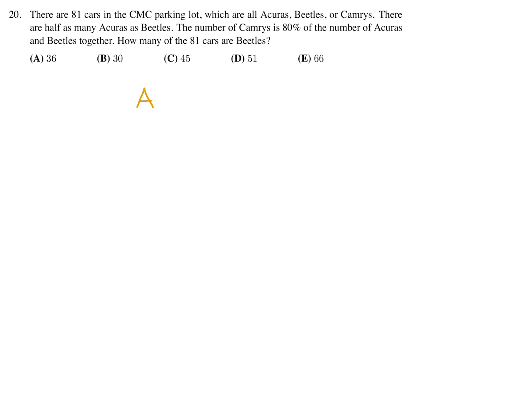I will denote A, B, and C for Acuras, Beetles, and Camrys respectively. And the first sentence, or I guess the second sentence, they tell you that there's half as many Acuras as Beetles. So mathematically, that basically means that B is equal to 2A. Then the next part, they tell you that the number of Camrys is 80% of the number of Acuras and Beetles together.